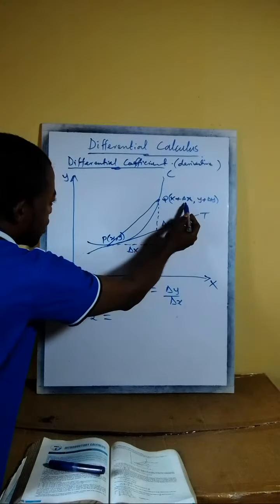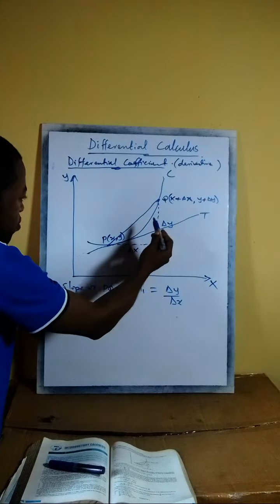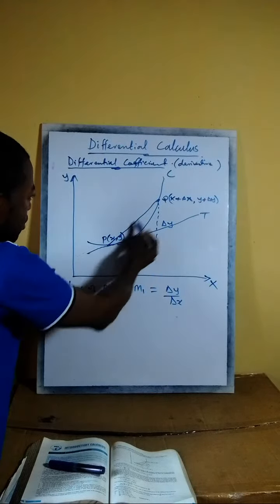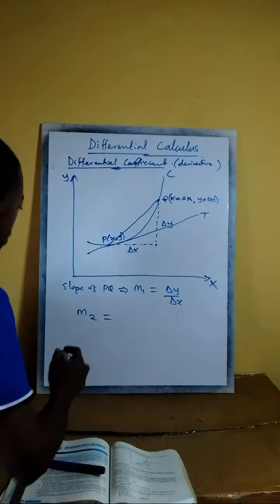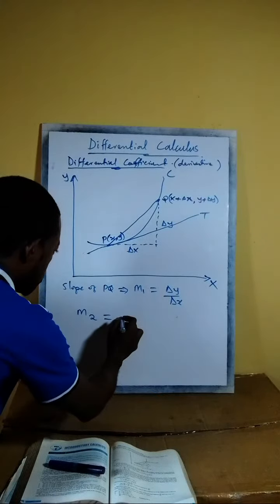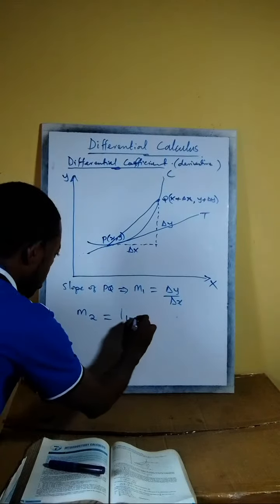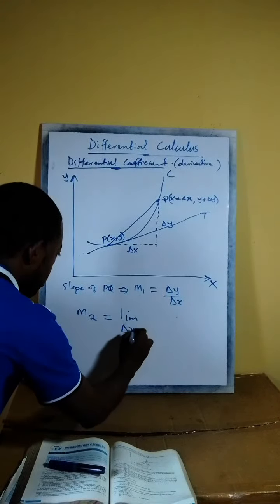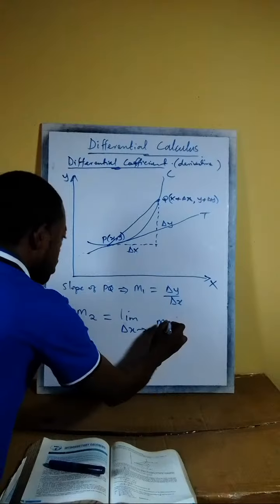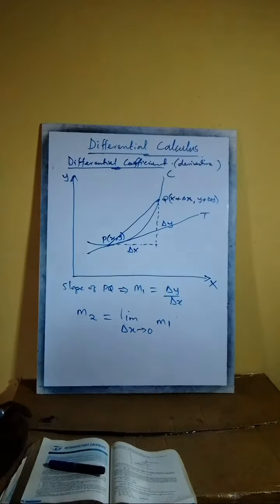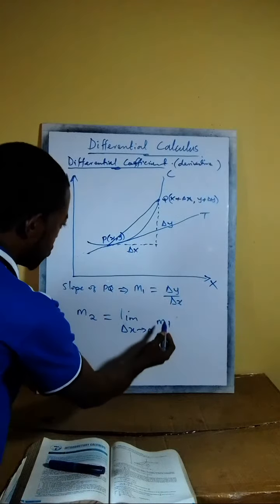When delta x is reducing and coming down to become 0, this line PQ will tend to lie on the tangent, which implies that the slope of the tangent, m2, will be the limit as delta x tends to 0 of m1. So the slope of this tangent is the limit as delta x tends to 0 of m1.